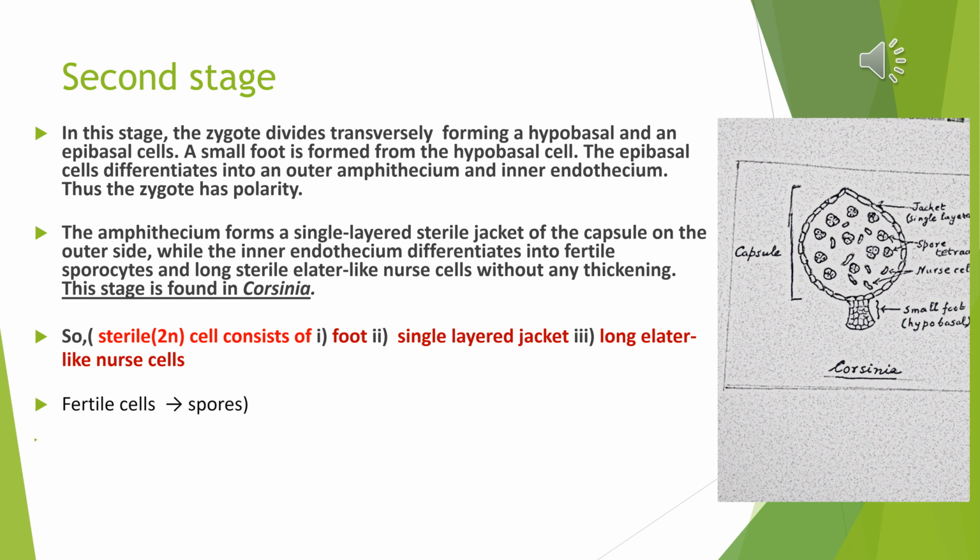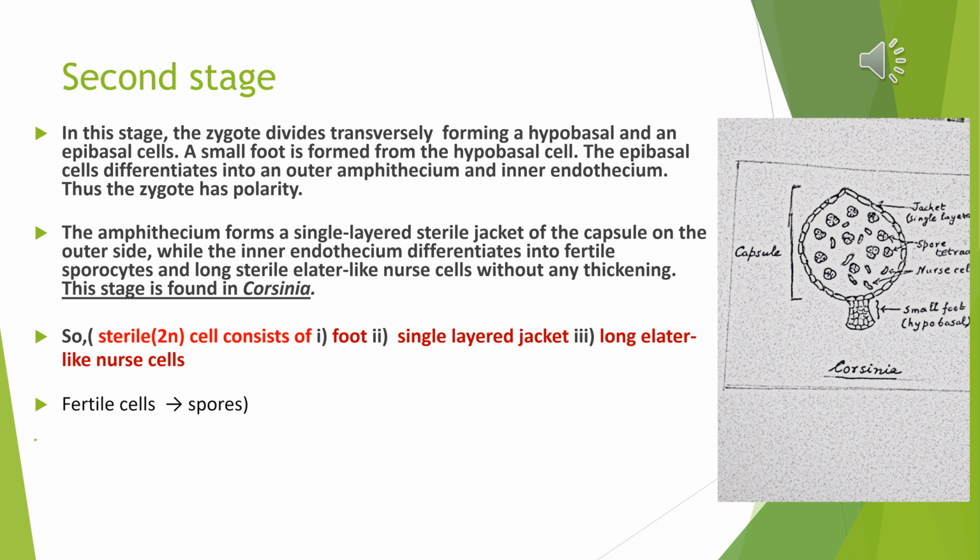Now the second stage. The second stage is exemplified by Corsinia. Development of sporophyte: the zygote transversely divides into a hypobasal cell and an epibasal cell. The hypobasal cell gives rise to a small sterile foot. The epibasal cell gives rise to amphithecium on the outer side and endothecium on the inner side. Amphithecium gives rise to the sterile single layered jacket of the capsule.